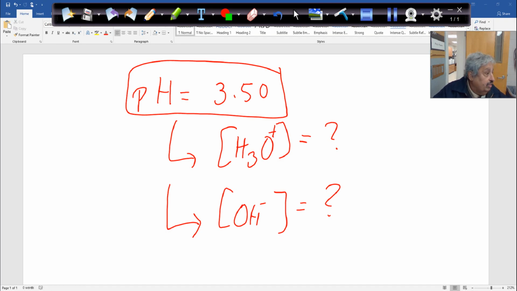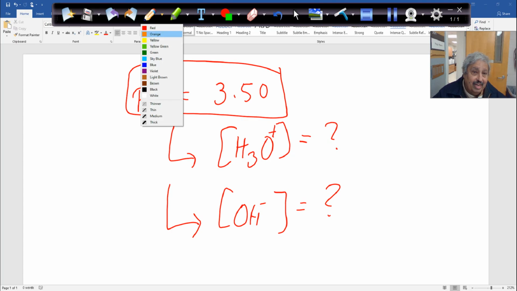You know how to calculate this. This will come in the final exam of the lecture, the final exam of the lab. So you have a pH value, and then you have to determine the hydronium ion and the OH minus. Somebody will tell me how to do it? Come on, guys. Tell me what's the answer.